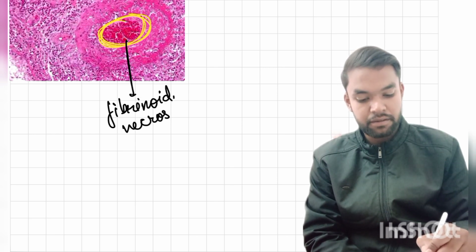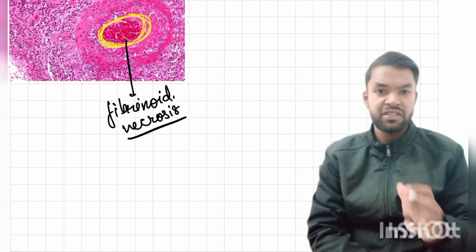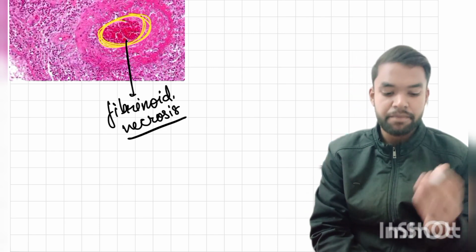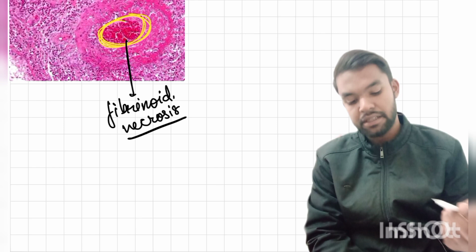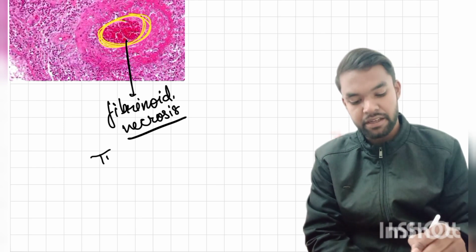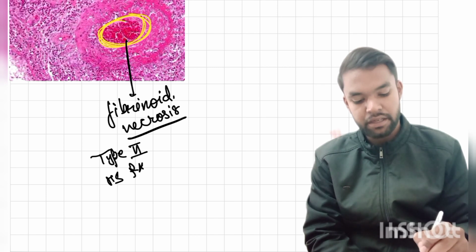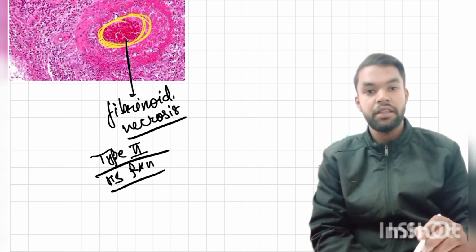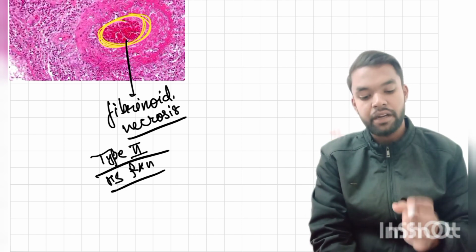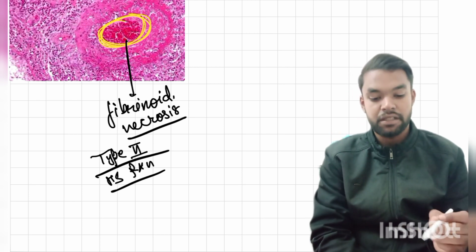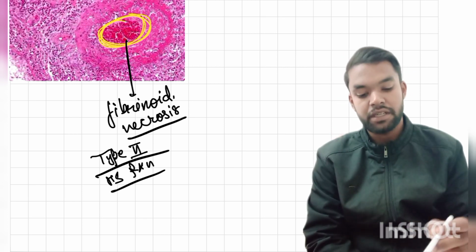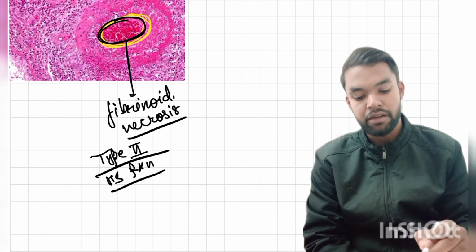So fibrinoid necrosis is basically seen in which conditions? This is a type 2 hypersensitivity reaction. In this diagram, we can see the fibrinoid necrosis, in which the vessel lumen is being obstructed by the fibrinoid type of necrosis.